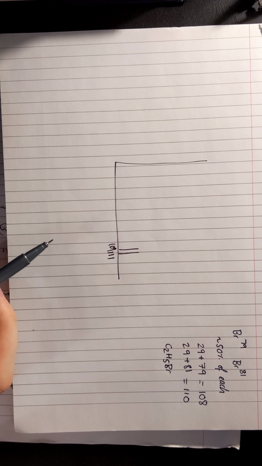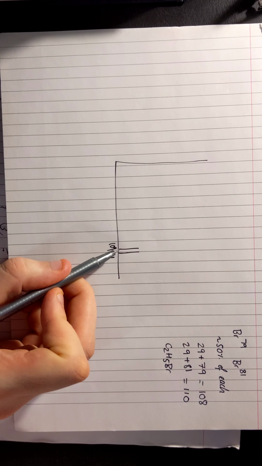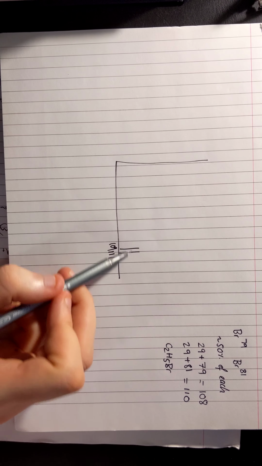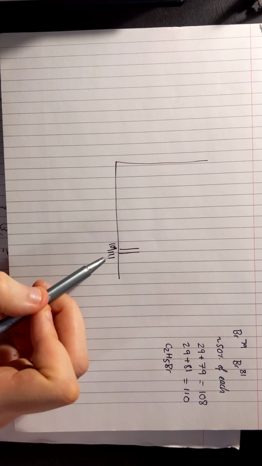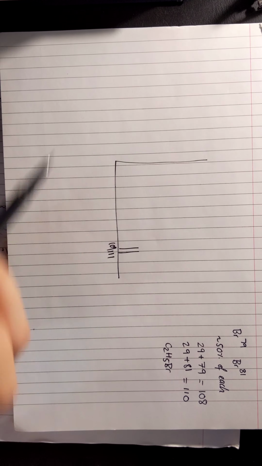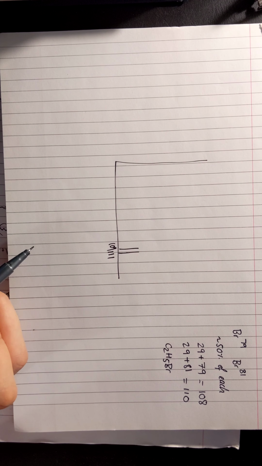So if we're dealing with bromine or with chlorine, you're going to see a pair of peaks at the top. For bromine, they should be roughly the same intensity or abundance as each other, at 109 and 111 for this. If it's a different molecule that contains a bromine, it could be at any other M over Z value.